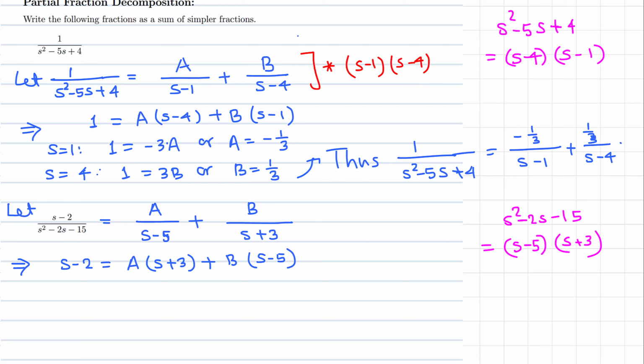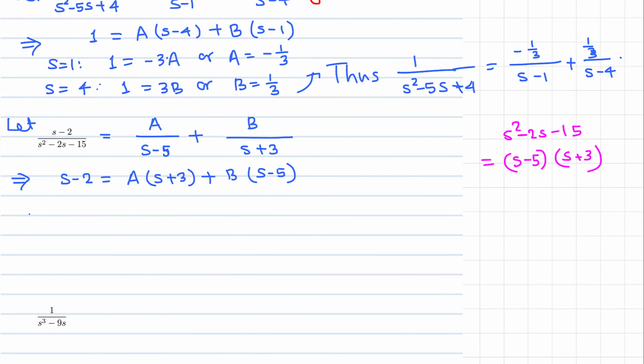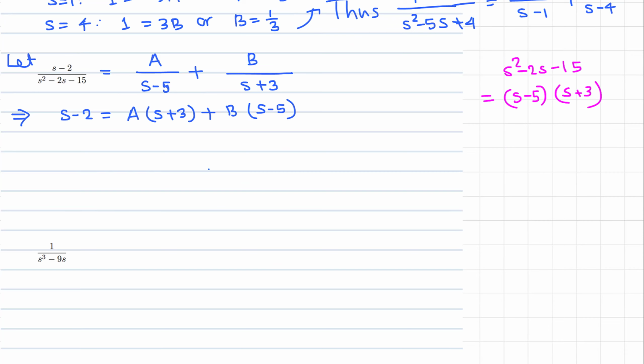Here we have 1 on the top in the previous one, but we have some function on the top here, and this is true for any value of s. Now we take s equals, let's say, to make this 0, so take negative 3. Negative 3 minus 2 is negative 5 on the left, so negative 3 plus 3, this part is 0, negative 3 minus 5, negative 8b.